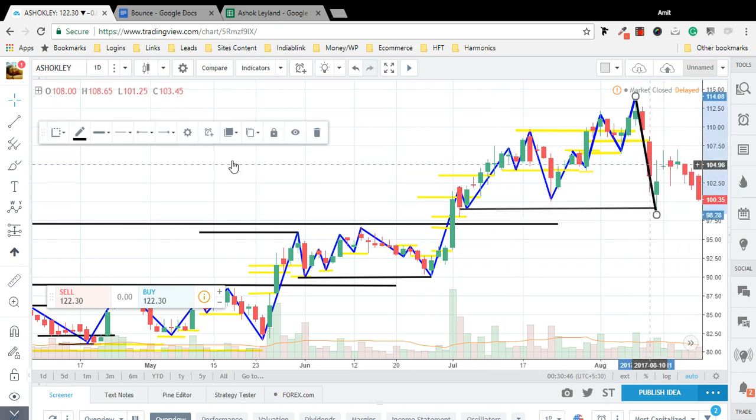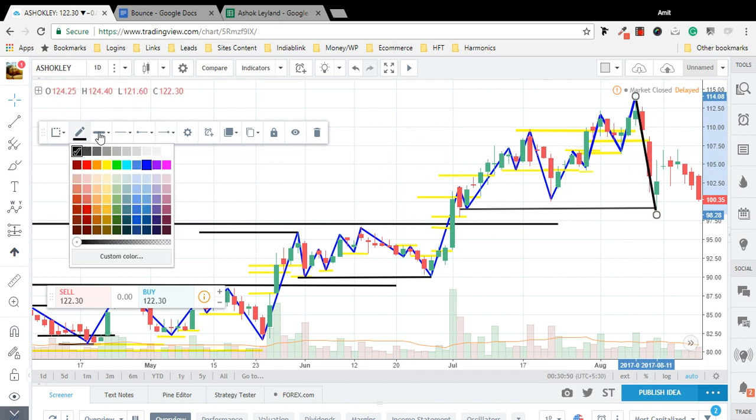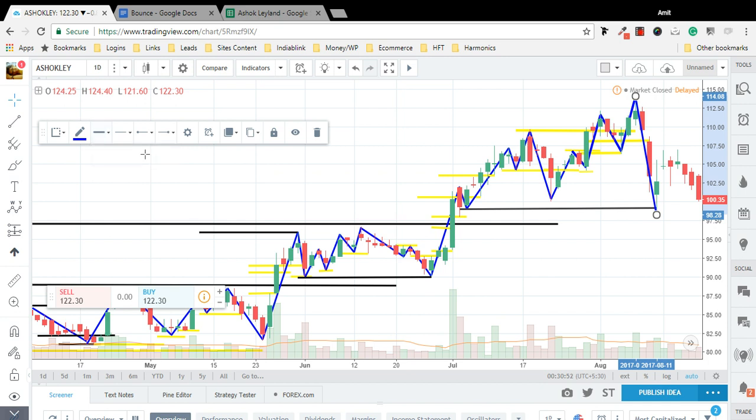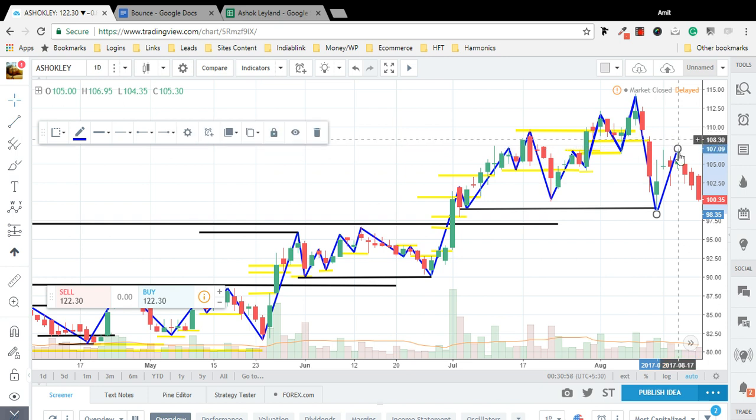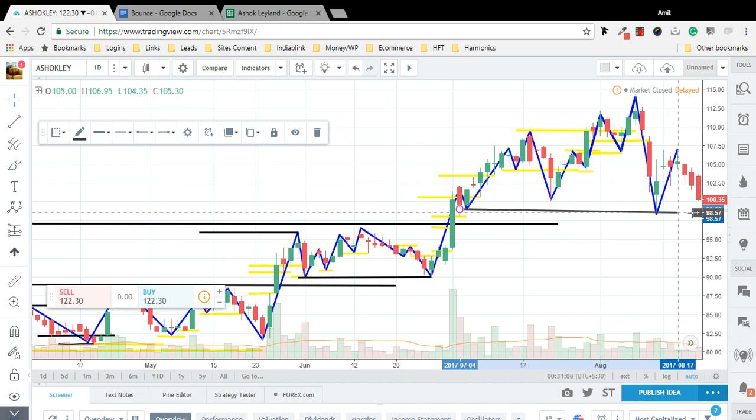So let's complete this. So this is a higher high. Right now it did a bounce and it is searching for a trend, and our support is here.